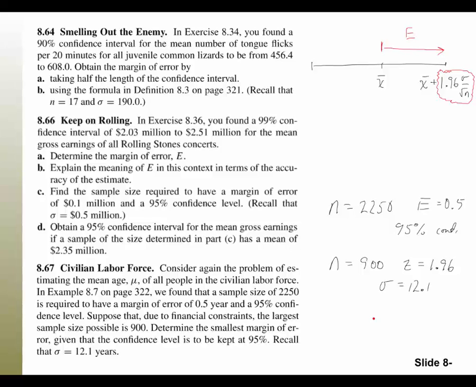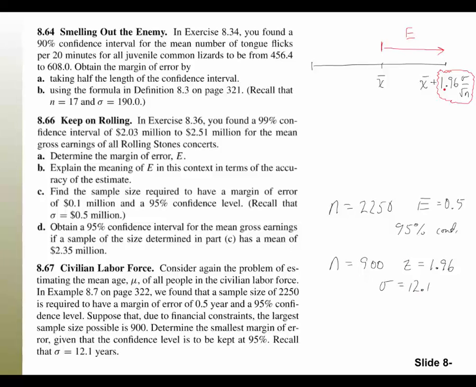Are we good on these? Any more questions on these examples? We got one more thing to do. Last chance. Yeah, Kuzma. It's just saying that we want to minimize the margin of error, okay?